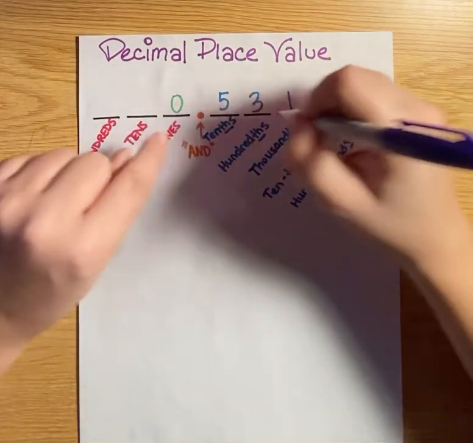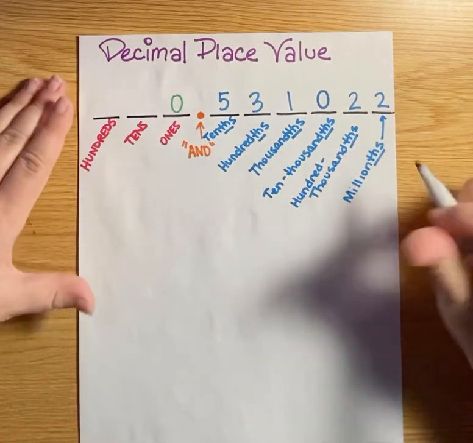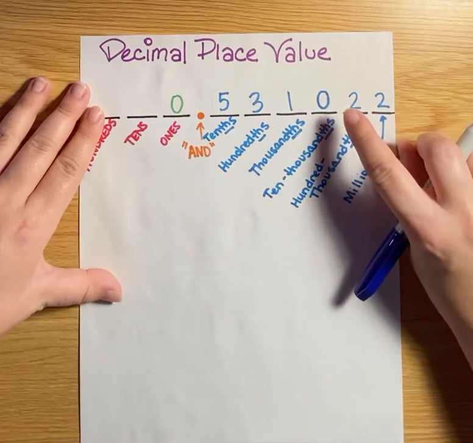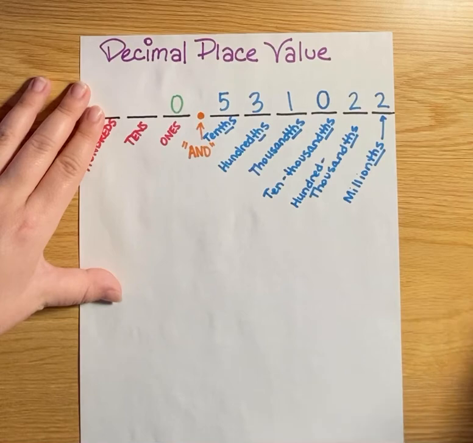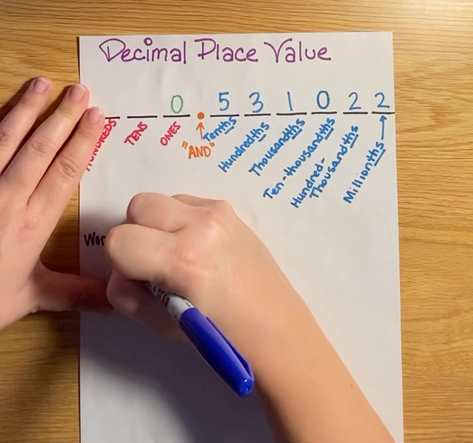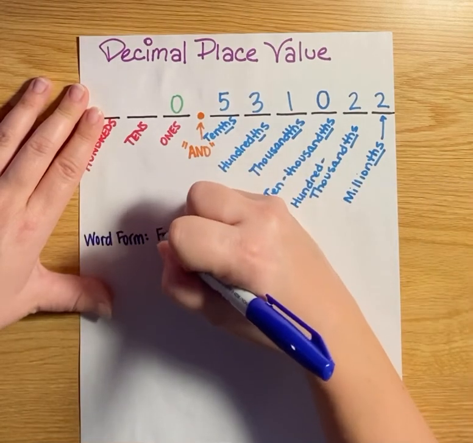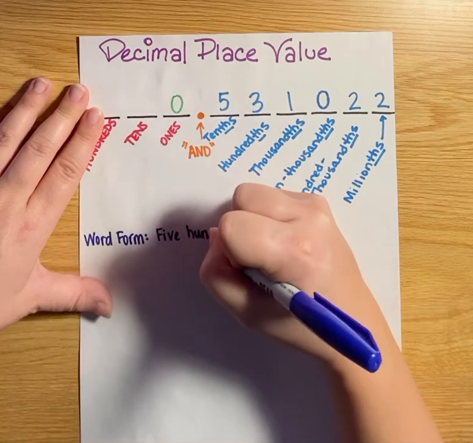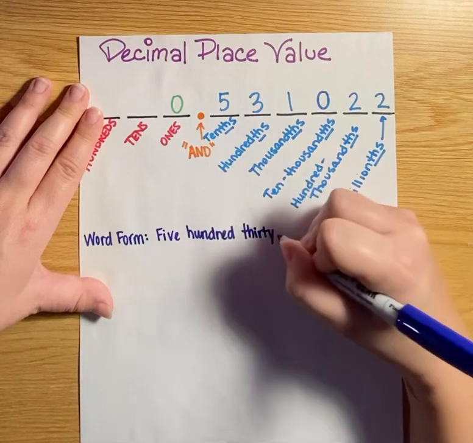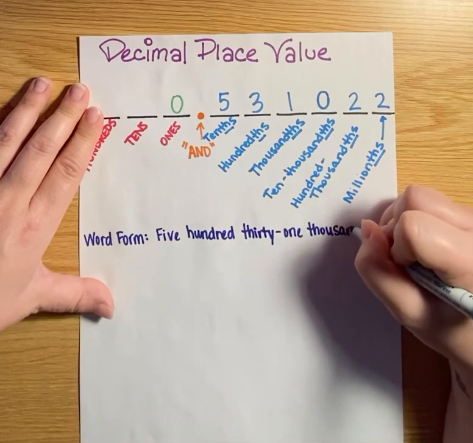So I'm going to read the whole number and then put my decimal label at the end. 531,022 millionths. So my decimal in word form would be 531,000, right?